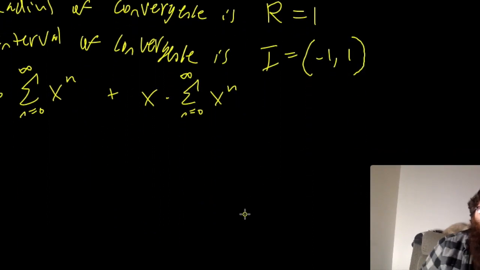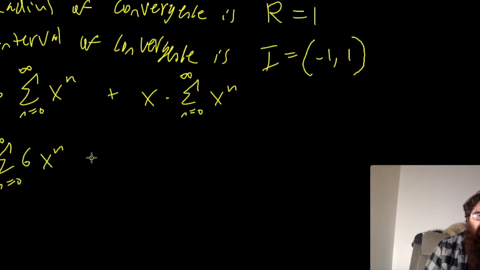But when I go to bring this x in, and I can bring the 6 in as well, let me do that for each of these. We'll say the sum from n equals 0 to infinity of 6 times x to the n plus the sum from n equals 0 to infinity of x times x to the n, which is x to the n plus 1.